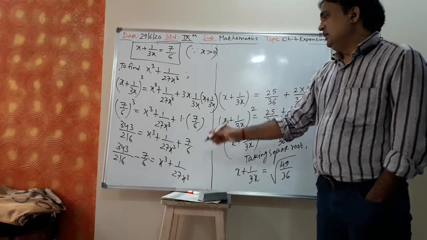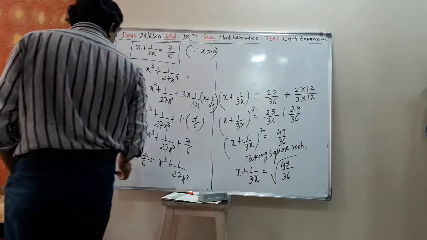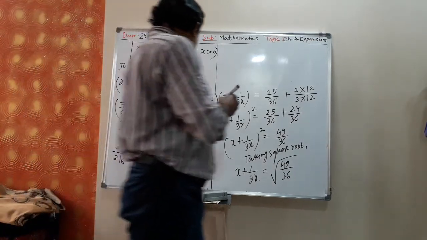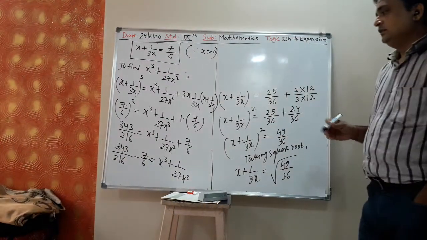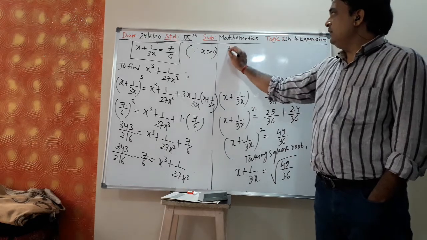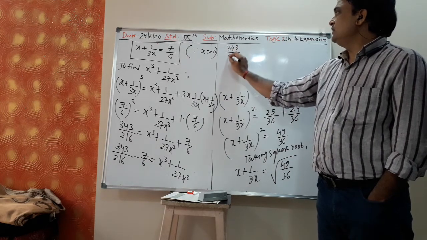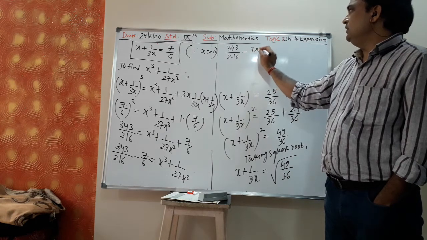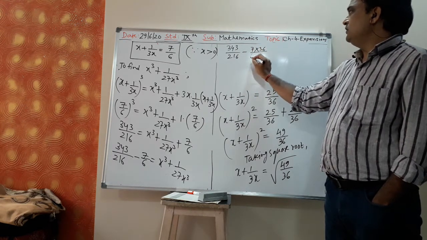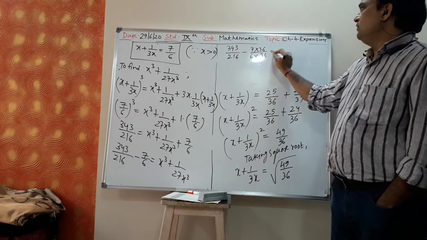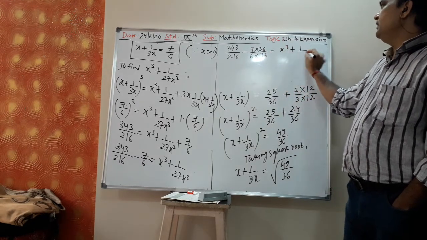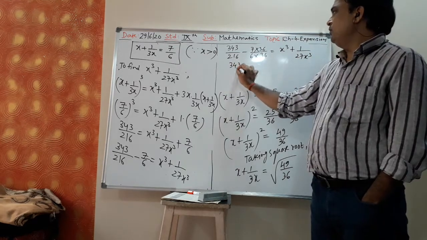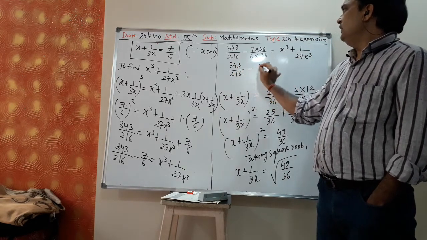So, LCM of 216 and 6 is 6 into 36. So this I will write 343 upon 216 minus, multiply and divide by 36, so 7 into 36 upon 6 into 36 is equal to x cube plus 1 upon 27 x cube.